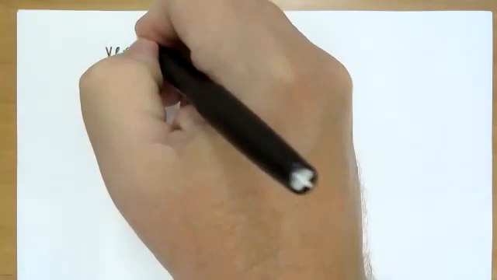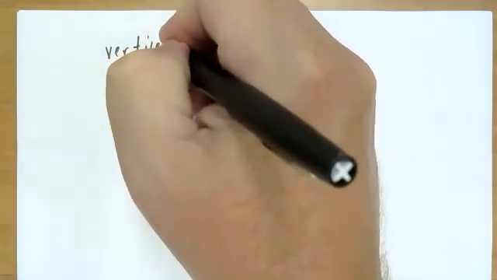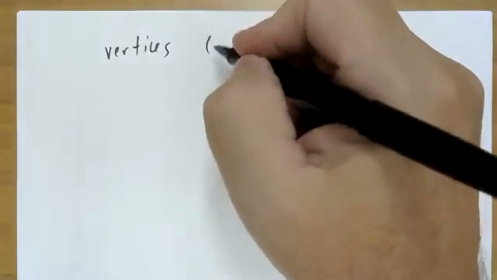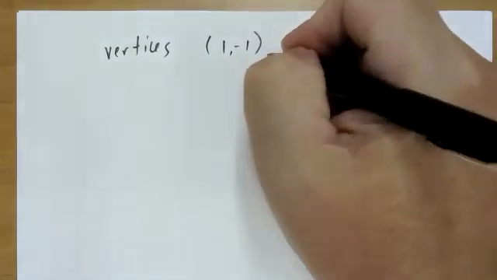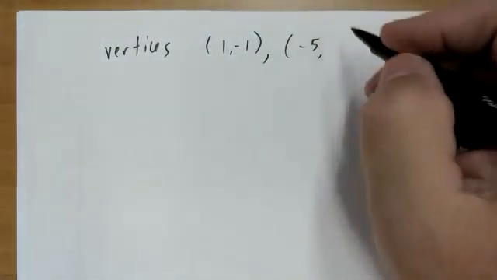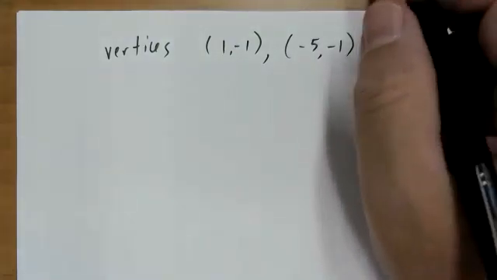So here's the information you're given. You're told you have an ellipse, and they give you the vertices. And of course, by vertices, they mean the major vertices. So it's 1, -1, and -5, -1.